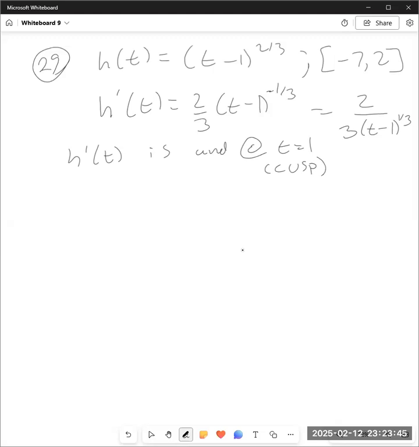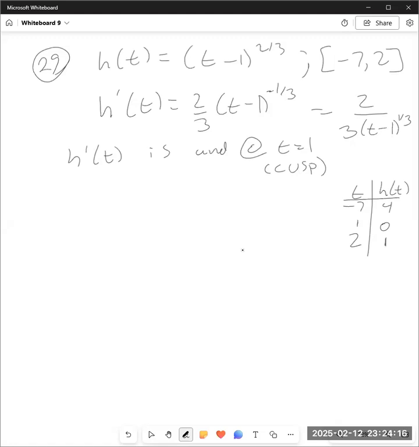So we have t, h of t at -7, 1, 2. At -7 we get -8 to the 2/3. So cube root of -8 is -2. -2 squared is 4. 1 minus 1 is 0. 1 to the 2/3 is 1.